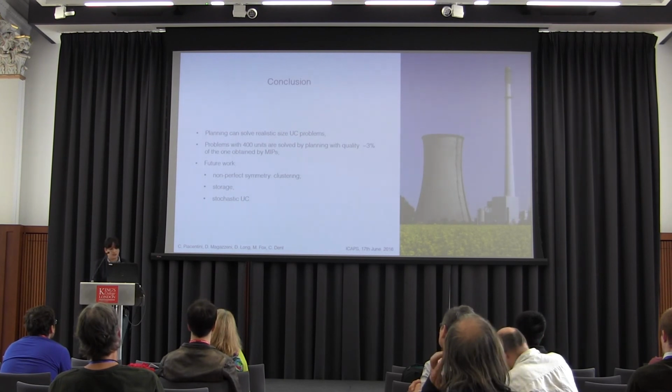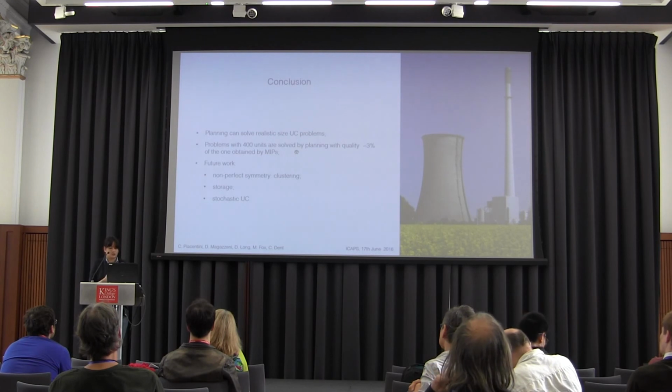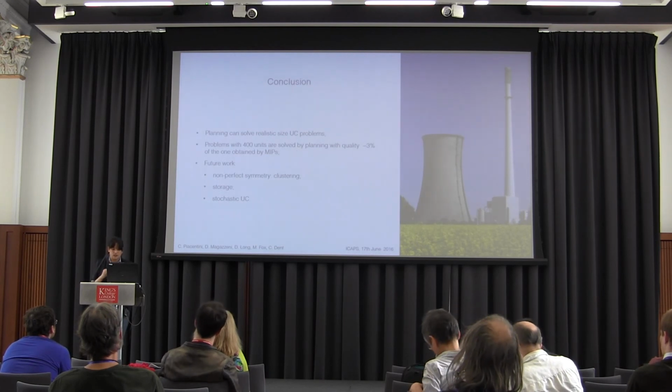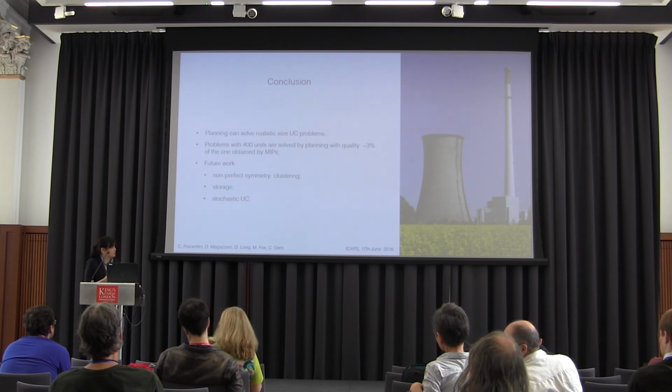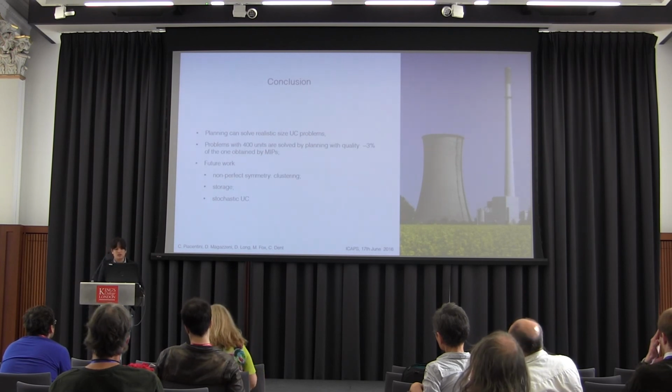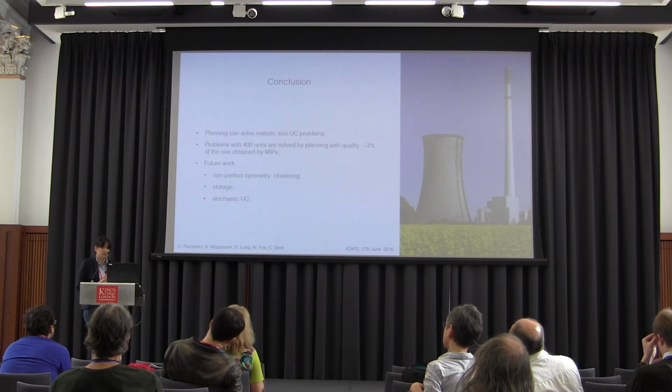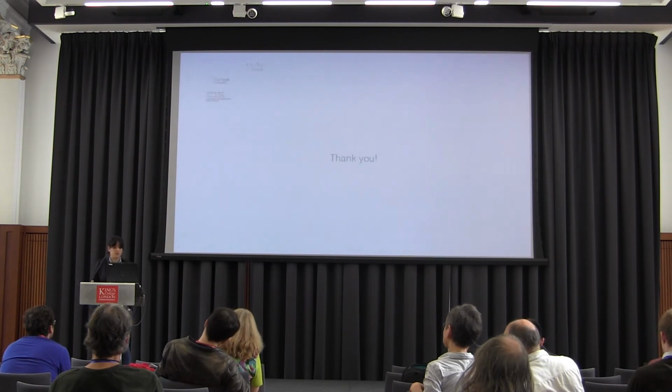These are just future directions that we can take. For example, we can relax the constraint of the symmetry that we are considering. We can add storage, and obviously one of the main things to consider is the stochastic commitment problem.